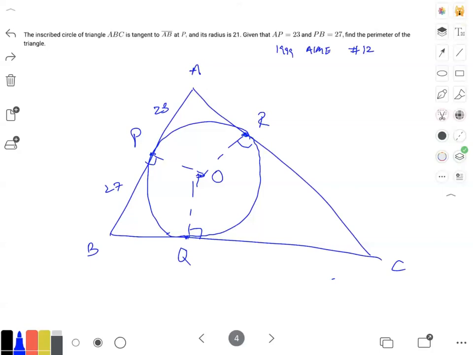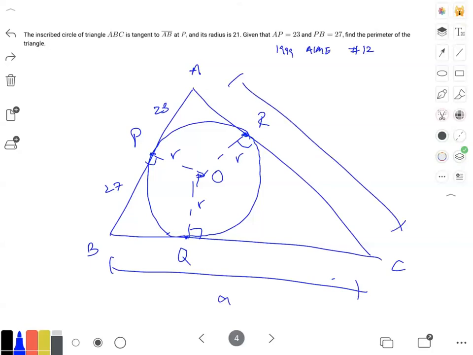Okay, great. So what I'll do is I'll call these radiuses R. And then now there's actually a simple way to do this. So if I call this whole thing A and I call this whole thing B, now let me just connect these guys. This radius is 21. Okay, so I actually may want to use that somewhere.